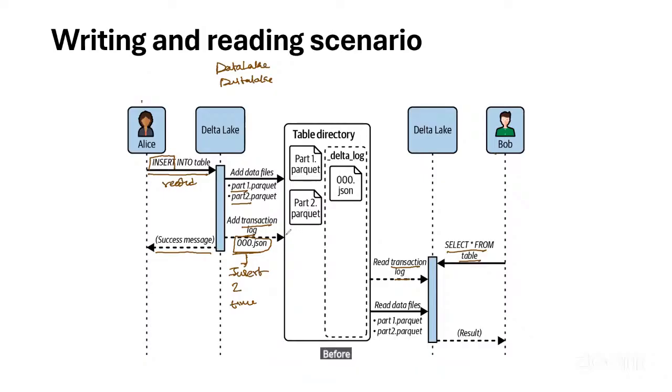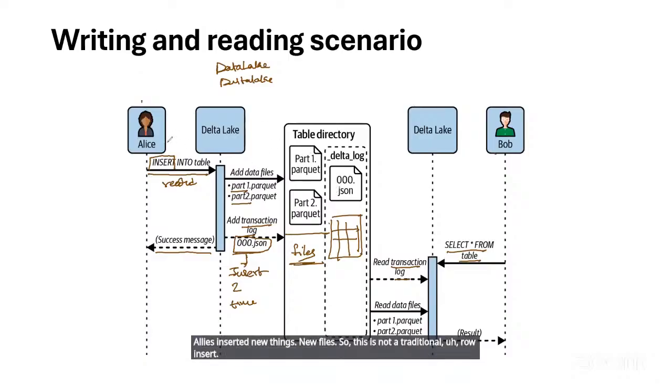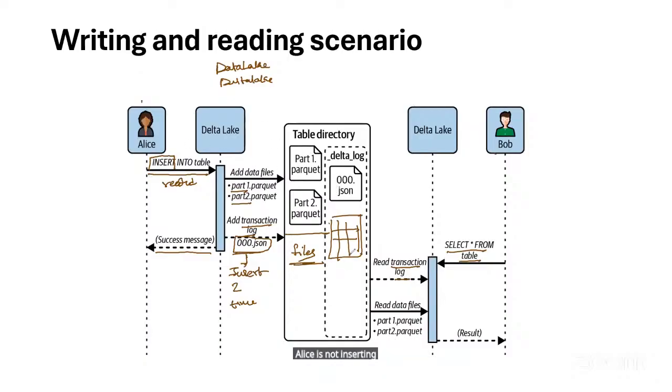Before that, there used to be some files, right? On top of those files, there is a table. Alice inserted new things, new files. So this is not a traditional row insert. Alice is not inserting them as a row.